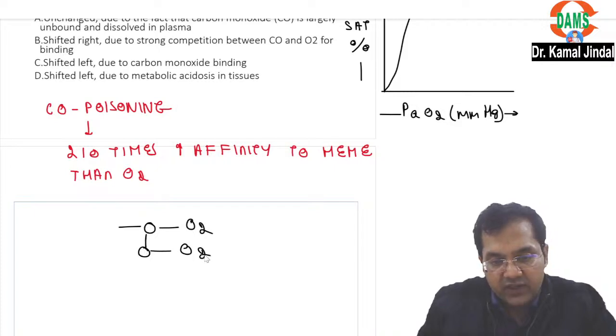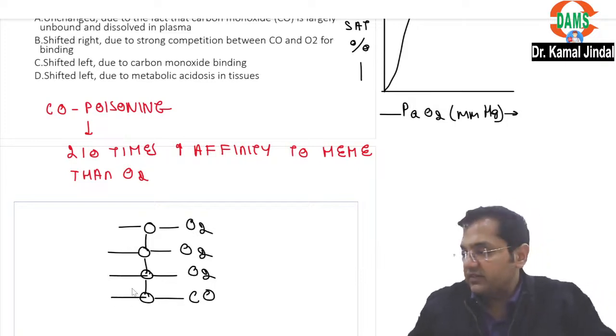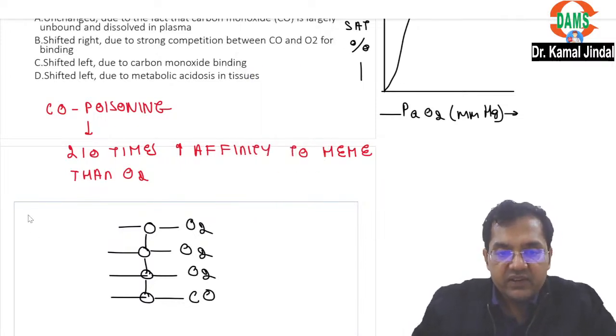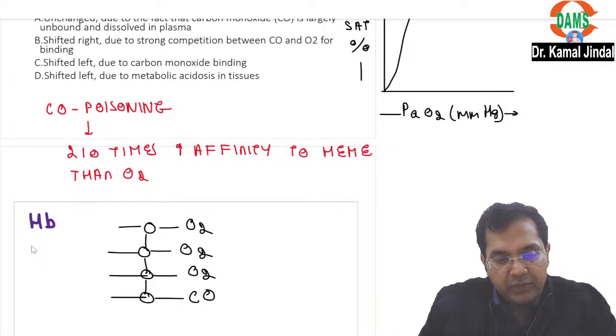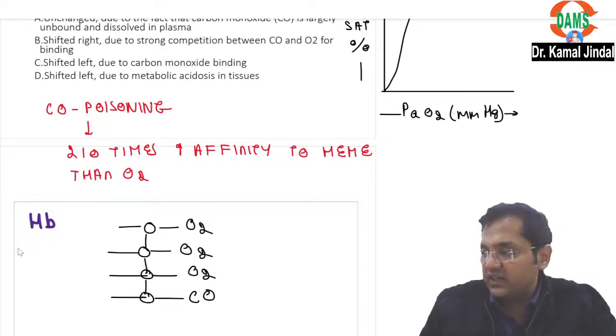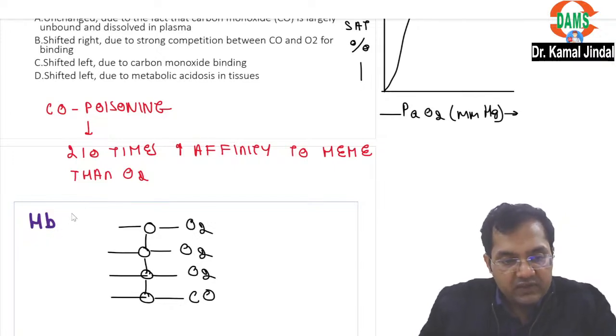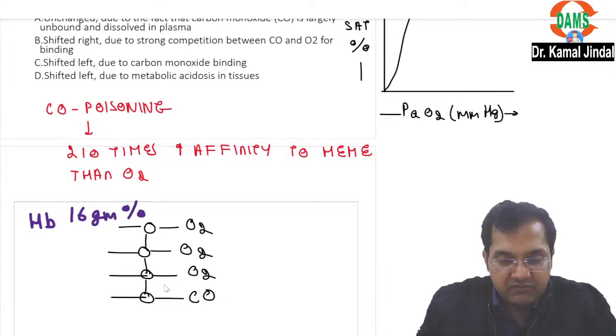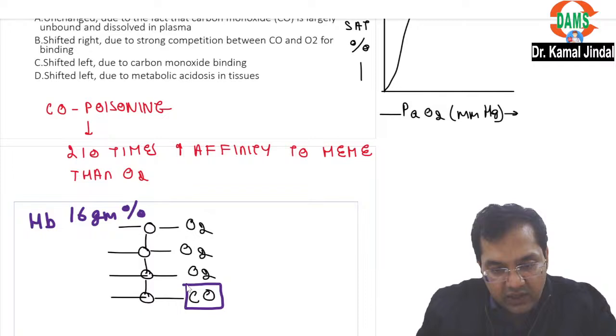Second one, again oxygen binds. Third one, oxygen binds, but the fourth one, carbon monoxide binds, right? Let's say this person has a hemoglobin of 16 gram%.